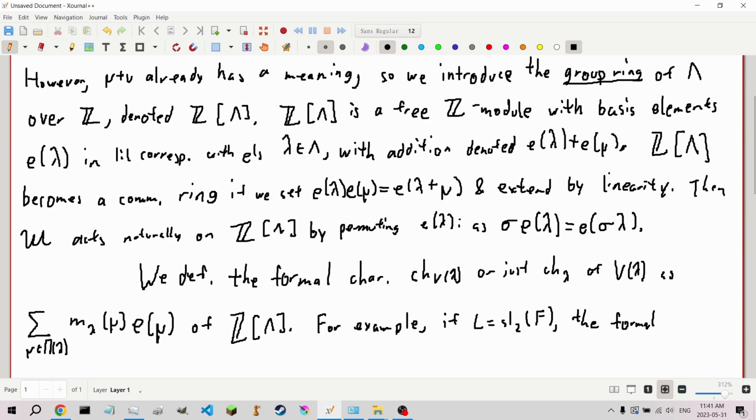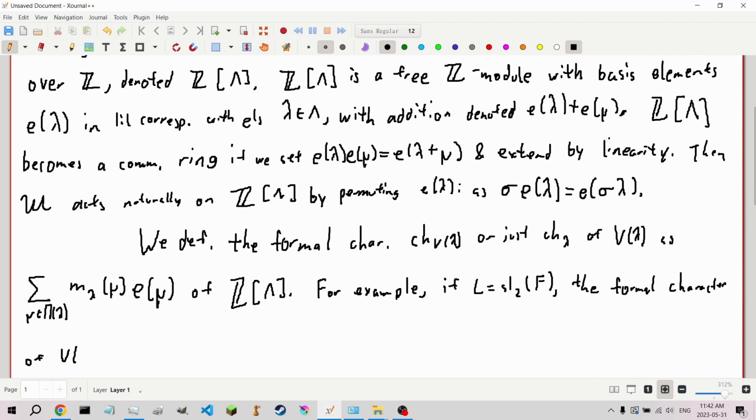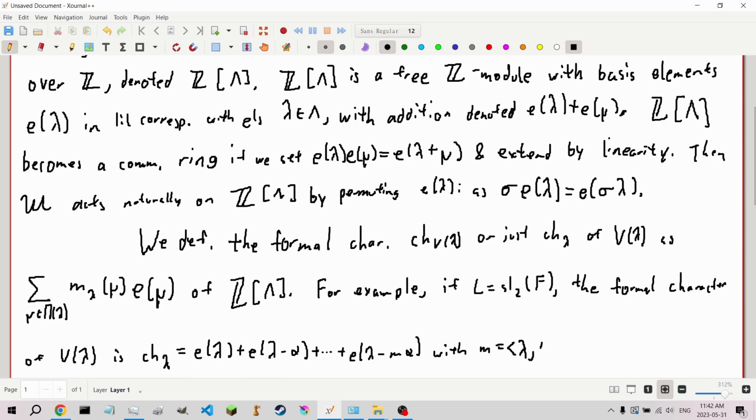The formal character of V lambda is given by: the character of lambda is E of lambda plus E of lambda minus alpha, all the way through this string up until E of lambda minus m alpha, with, of course, m being the length of the string, as angle bracket of lambda on alpha.